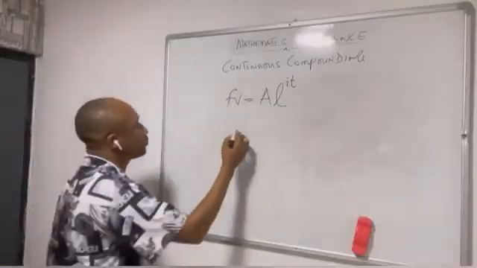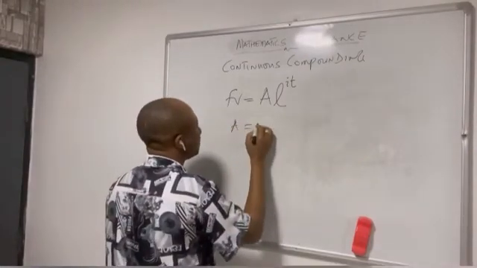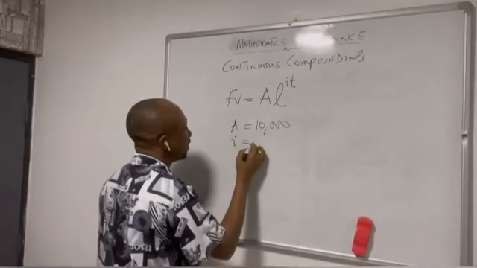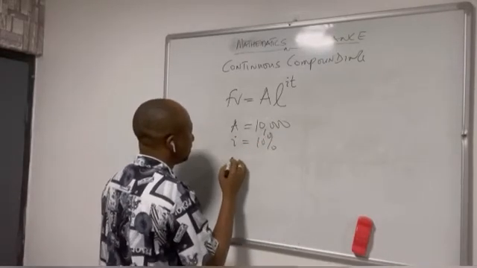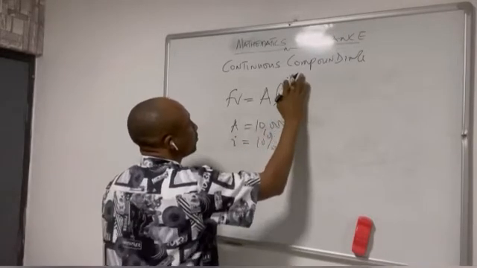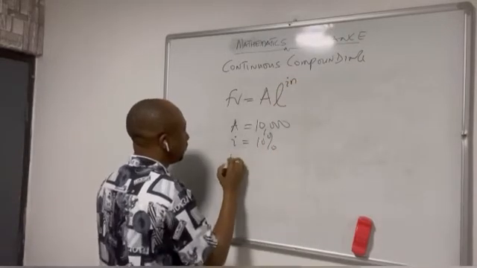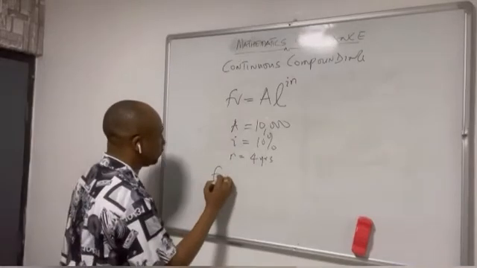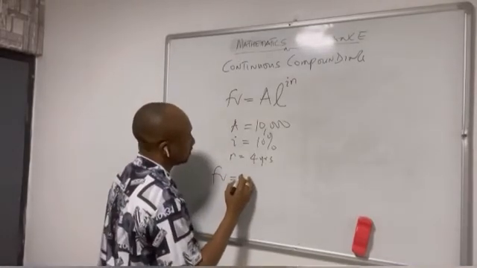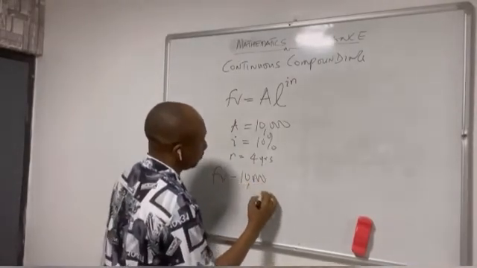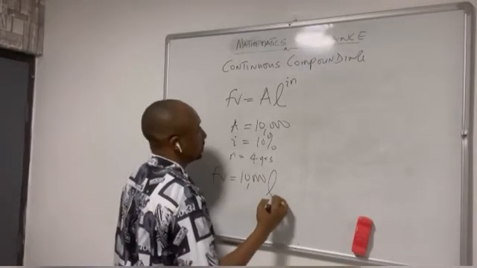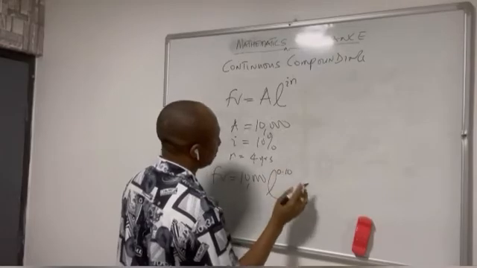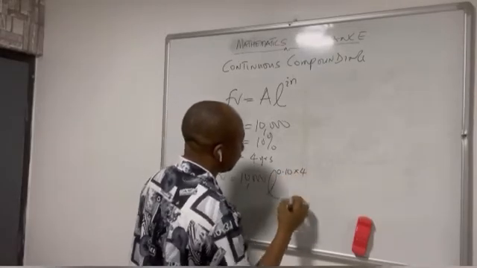The future value of continuous compounding is the amount invested multiplied by the exponential factor raised to power interest times time. If we assume that the amount invested is 10,000, and interest is 10% for 4 years, the future value will be calculated as 10,000 multiplied by the exponential of 0.10, which is 10%, times 4 years.